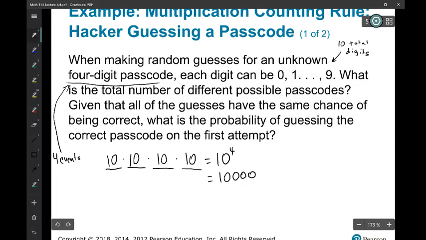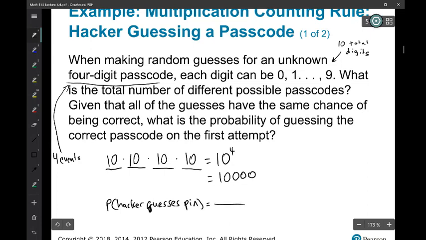Which means that if your ATM card is stolen and it has a 4-digit PIN, there's a 1 in 10,000 probability that the hacker guesses the PIN.